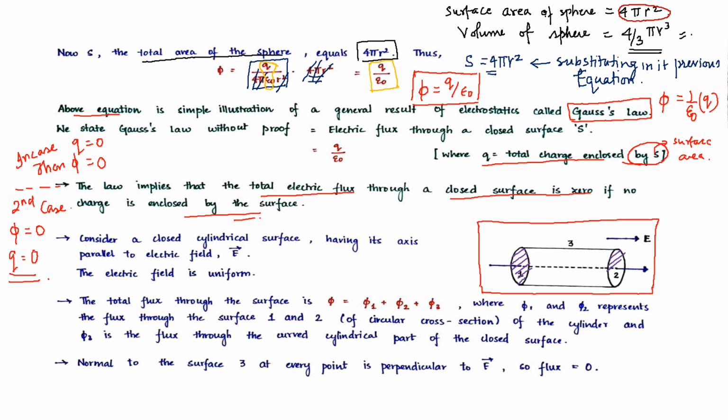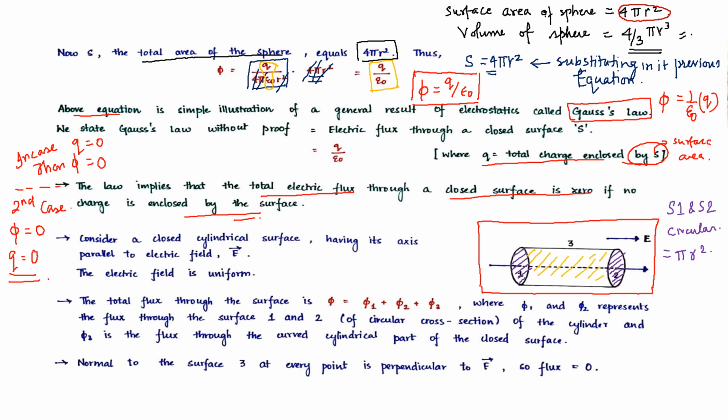This is the other surface, which is also circular. Surface 1 and surface 2 are circular in nature. So what will be their surface area? It will be pi r square if r is the radius of the cylinder. The other one is this curved surface area.